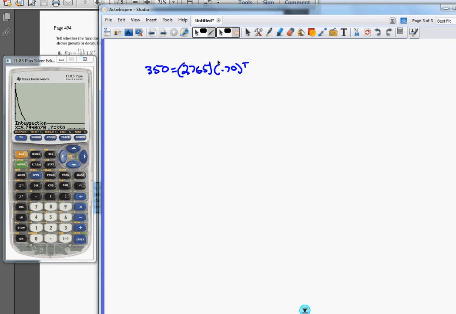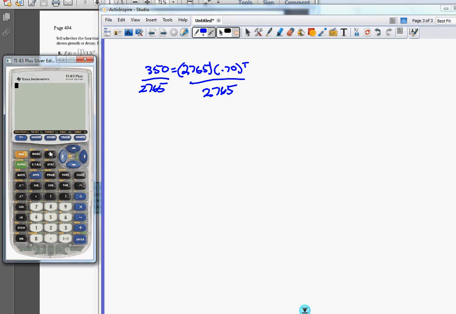Okay, so if I were to solve this algebraically, what I would do is divide both sides by 2,765. On the calculator, doing that division, 350 divided by 2,765, I get a decimal of approximately 0.127.